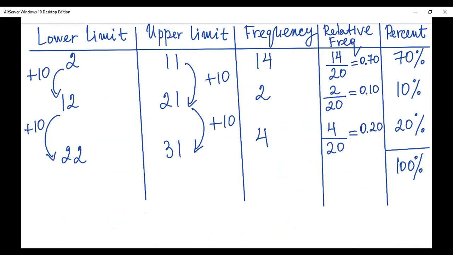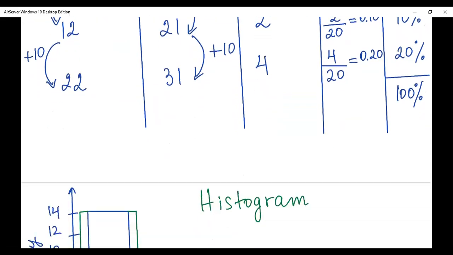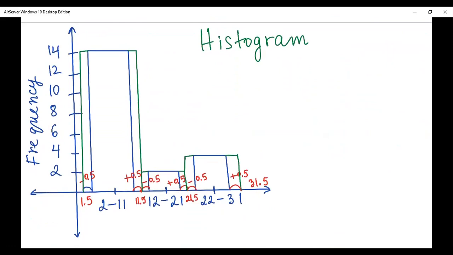And then you need to go one back in order to find the upper limit for the first interval. So 2 to 11, 12 to 21, and 22 to 31. And you can see that we can add the 10 to the upper limit as well, because the class width stays the same. And we count how many numbers we have from our data set between 2 and 11, and 12 and 21, and 22, 31. And then we just plot the histogram.